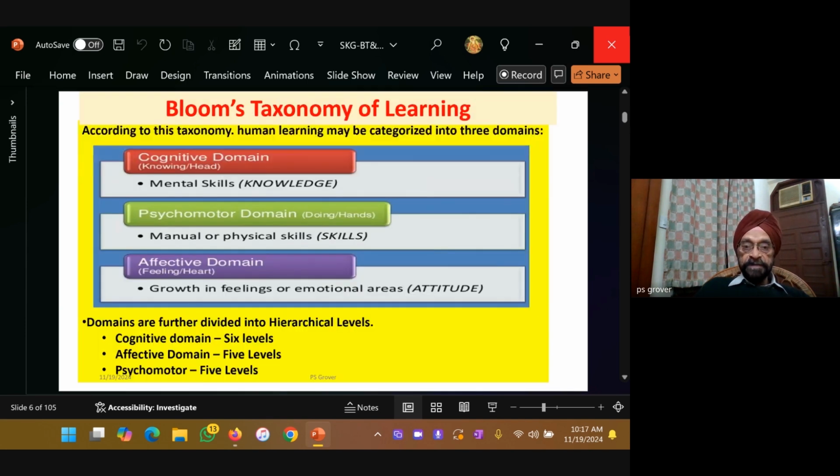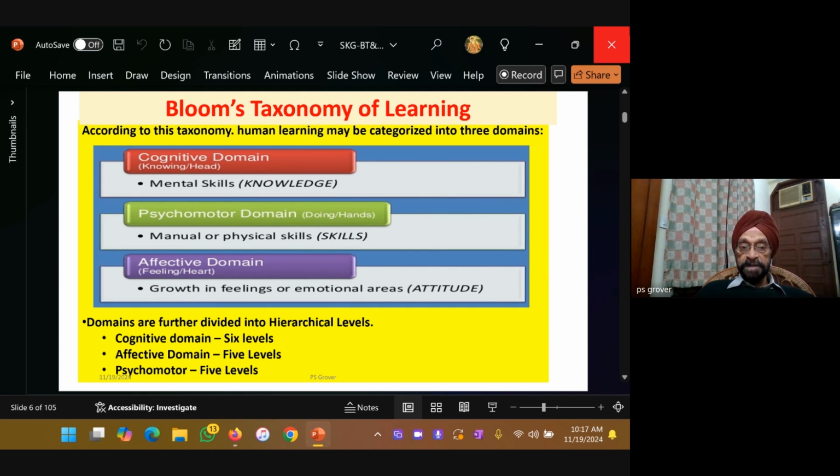Now, what Bloom has done is study these functions of the human brain and then propose that human learning may be categorized into three domains. Please appreciate this; once you appreciate this, many things will fall in line.